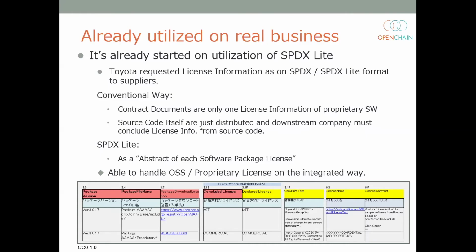However, SPDX Lite or SPDX is able to manage this in an integrated way, as an abstract of each software package license, able to handle both open source software and proprietary licenses in an integrated way in the development of embedded software products.